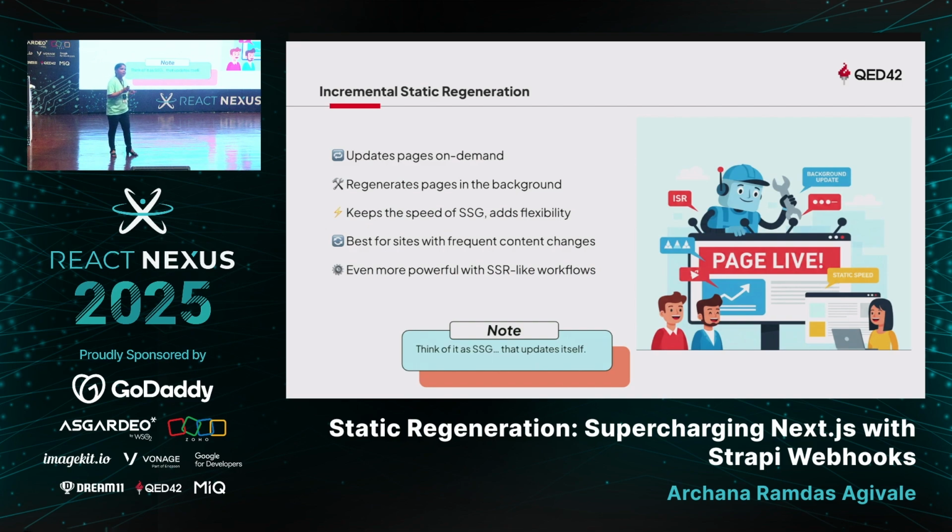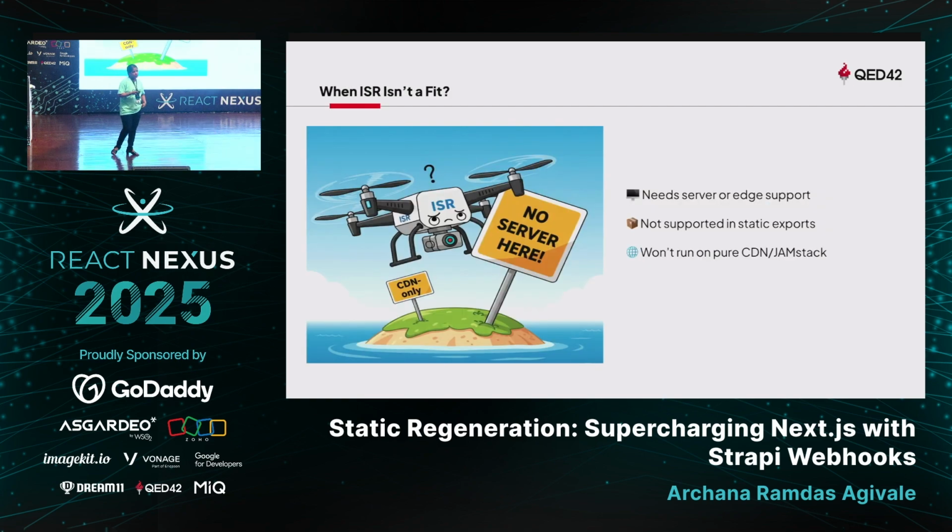ISR is okay, but it's not real-time. Again, there is one issue with ISR. As I mentioned, we want to implement a static site, but ISR requires a server. If your website is deployed on a CDN, CloudFront or S3, because these all give you very good performance, then there is no server.